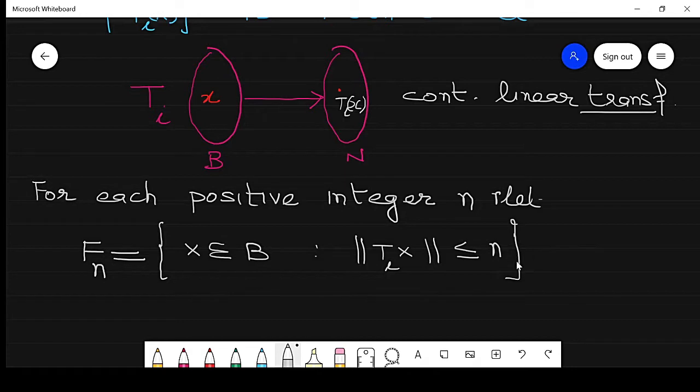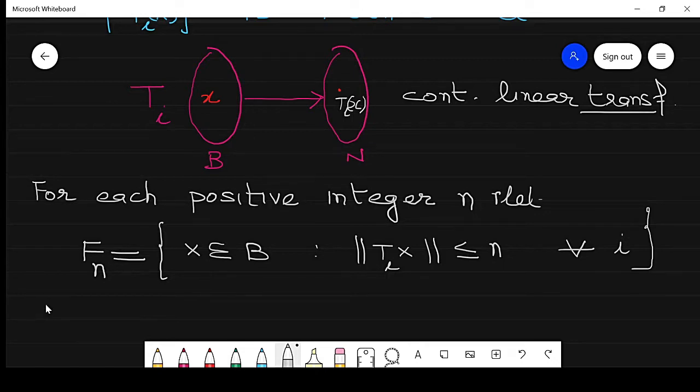This is for every i, so this can be written in the set. This is the set Fn.